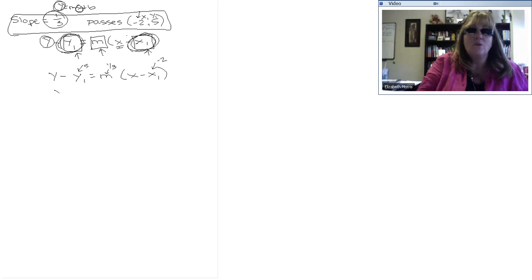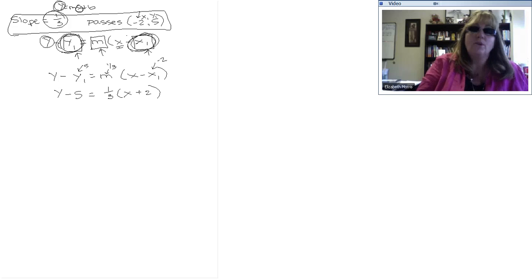So you have y minus 5 equals 1/3 times x. Now, minus a -2 would be plus 2. Okay. Now, this does not look like y equals mx plus b. So the first thing we need to do, I'm trying to remember if they want you to put it in standard form.